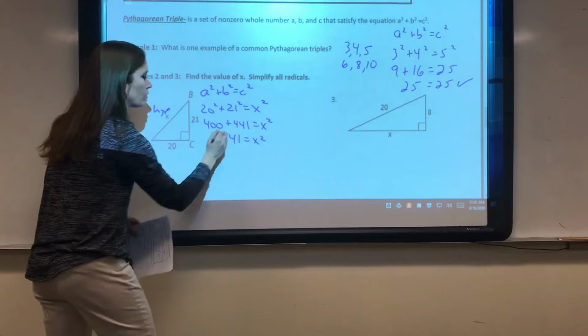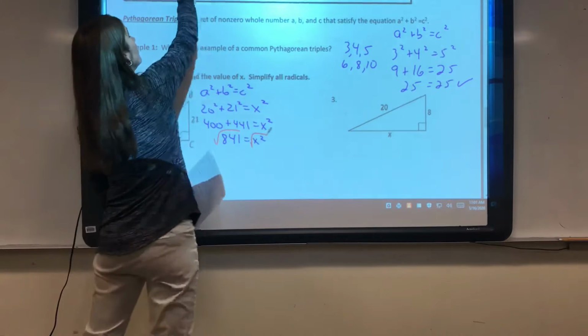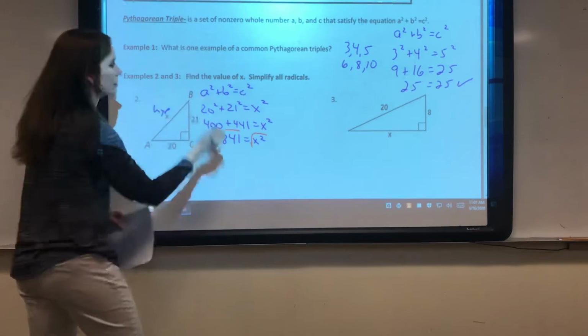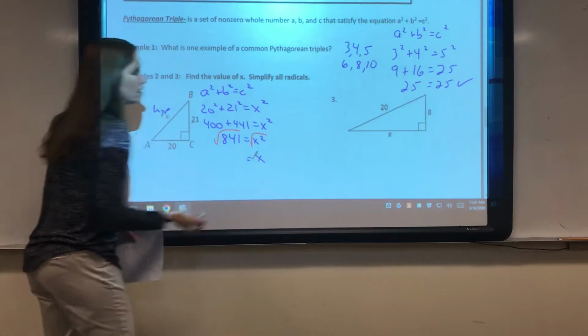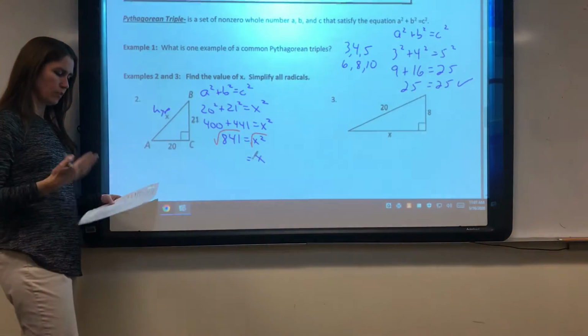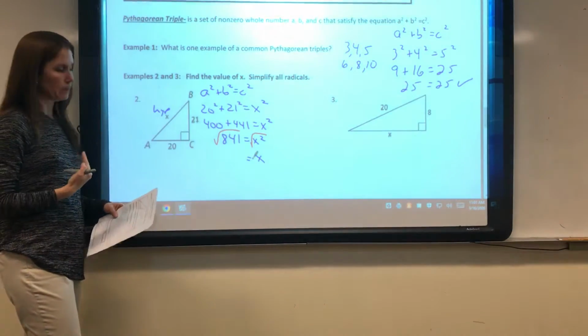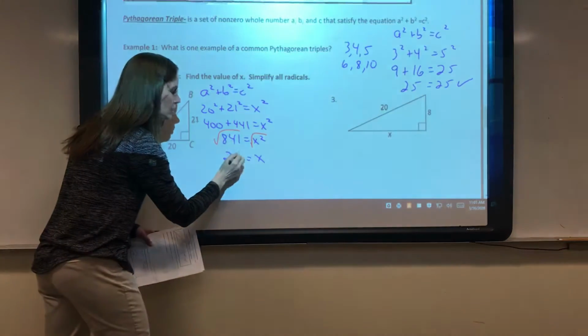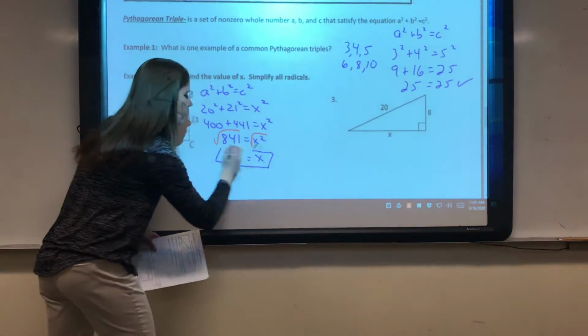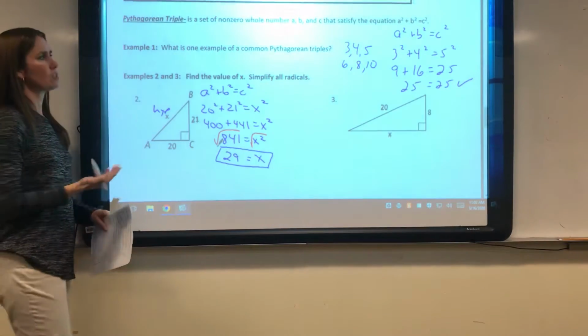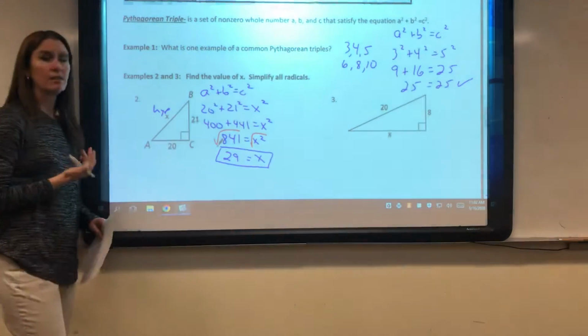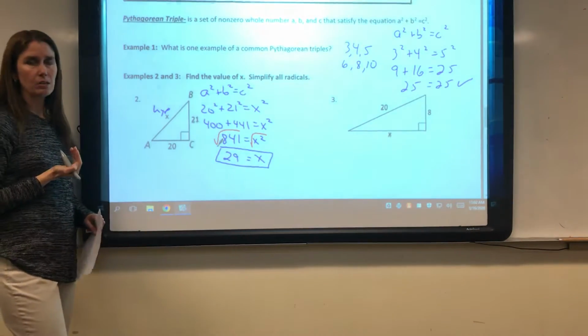And when I take the square root of each side, then I get x is equal to, if you type it in your calculator to see if it's a perfect square, in this case it is, and you get 29. If it's not a perfect square, then you would need to simplify the radical, and we'll do that on the next one.